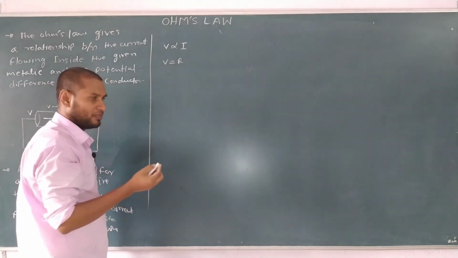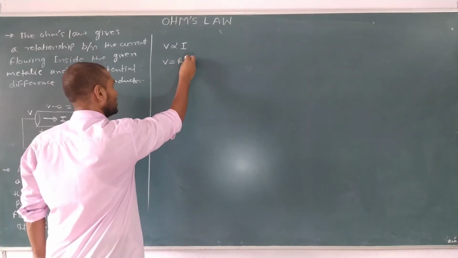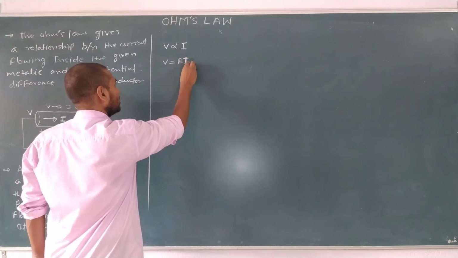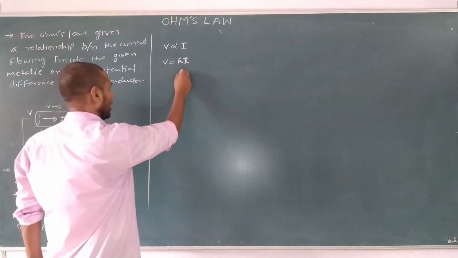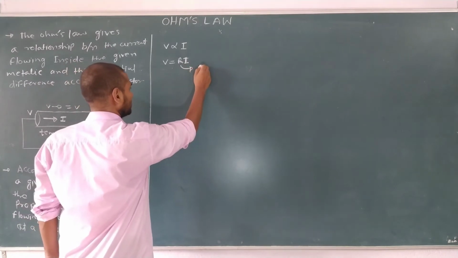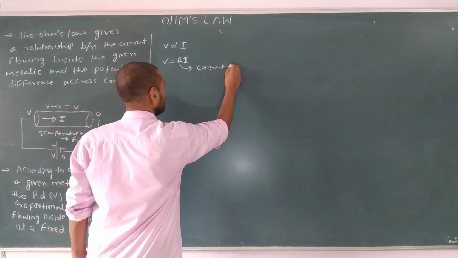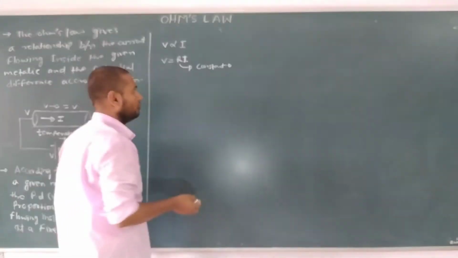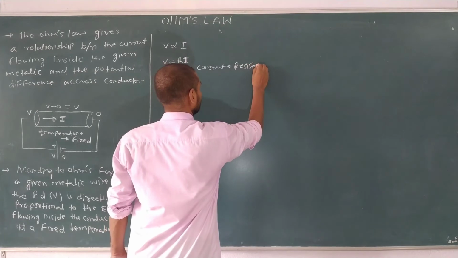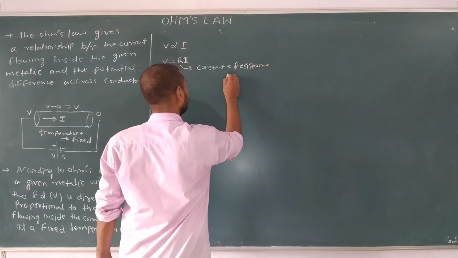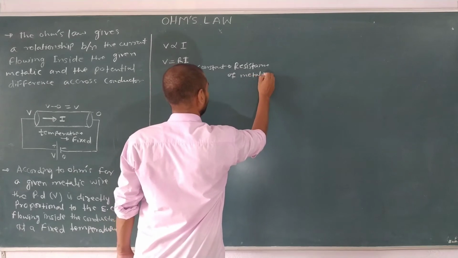By the rules of mathematics, that is R. Here the constant is R. R is nothing but the resistance of the wire. This constant is called resistance of metallic wire or conductor.